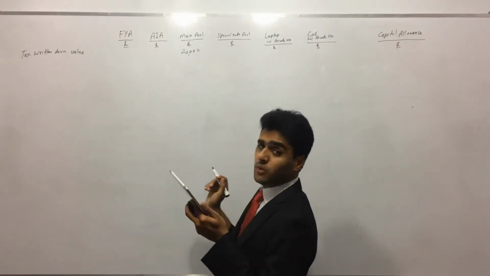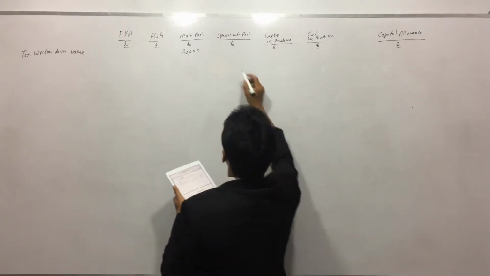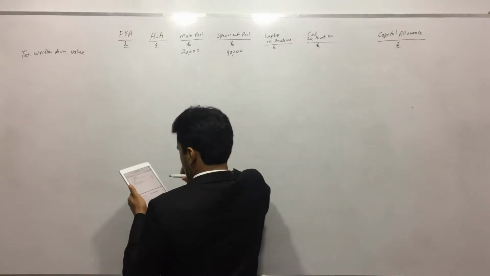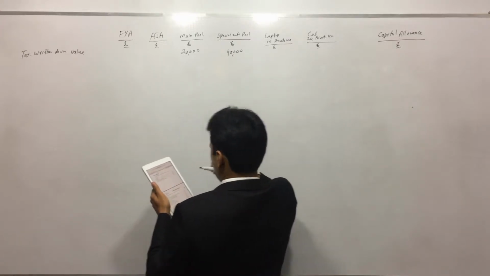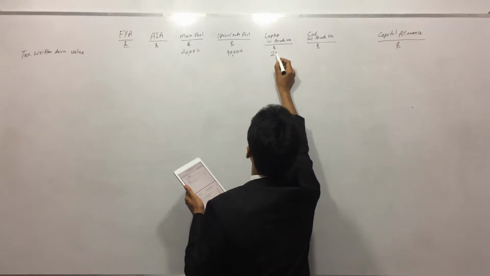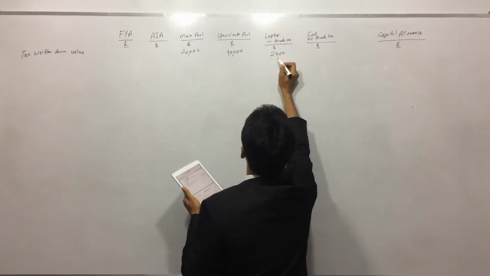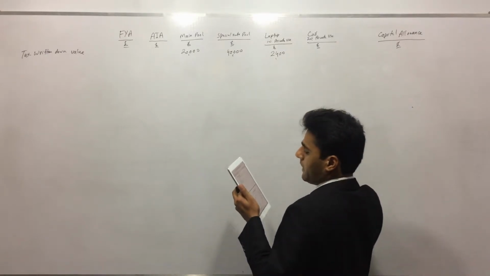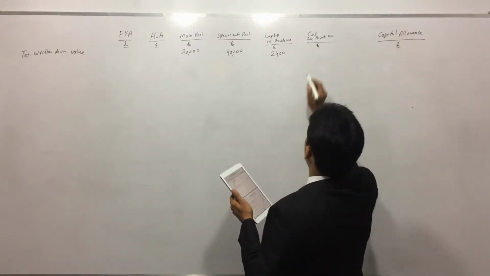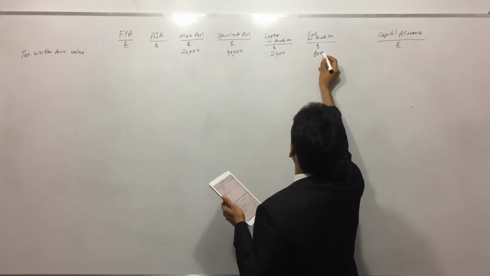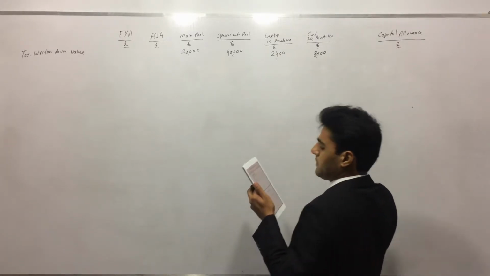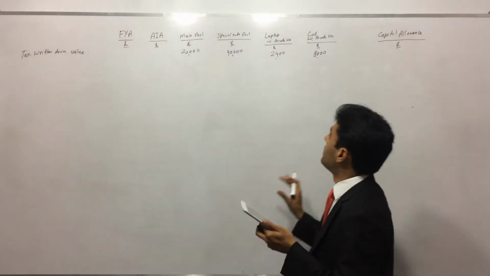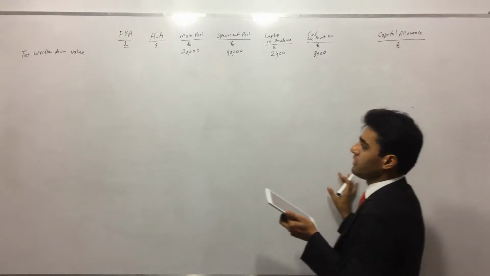Then the special rate pool is £40,000, so £40,000 goes here. After that, laptop private use £2,400, so it will go straight in this one. Then the car with private use of 20% is £8,000, so I'll put £8,000 in this one as well. That car has 20% private use by the owner, because James is the owner. So that is our opening balance, the tax written down value.